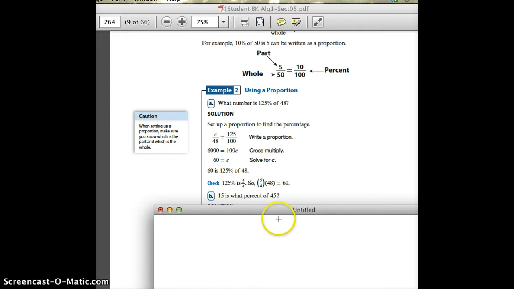Okay, so 15 is what percent of 45? Now we can set it up as a proportion, but let's do the old way. 15 is what percent? So this is going to be a percent of 45. Okay, so a percent, we don't know, so of 45. So what percentage of 45 gives me 15?